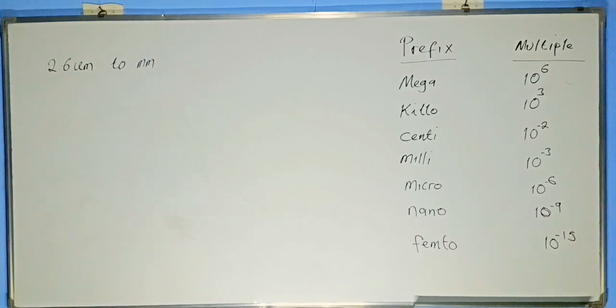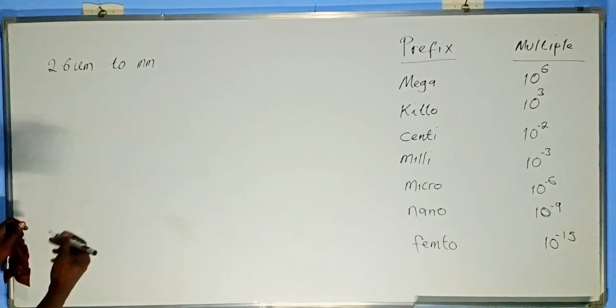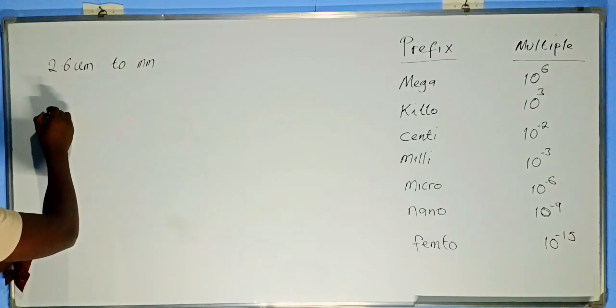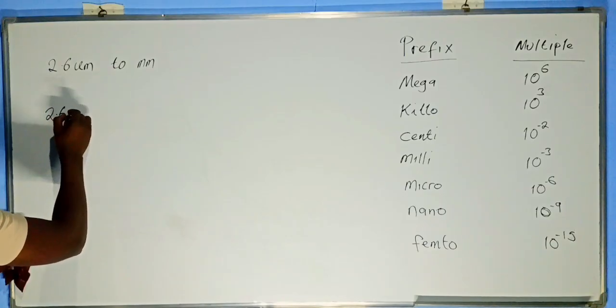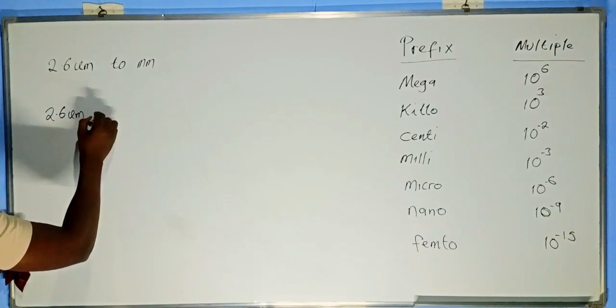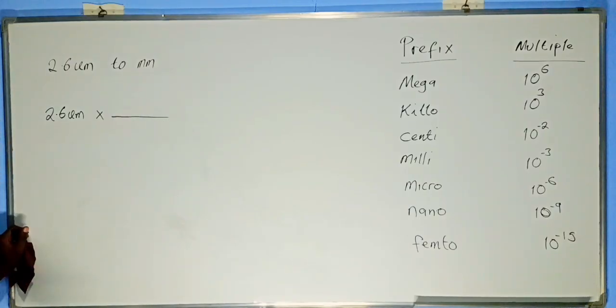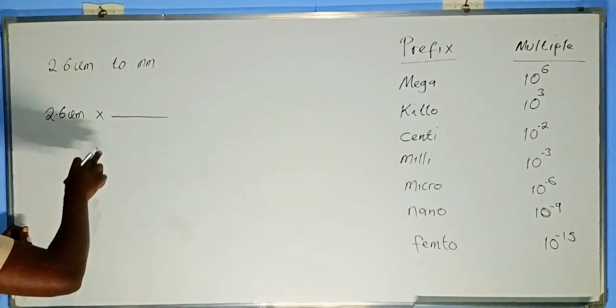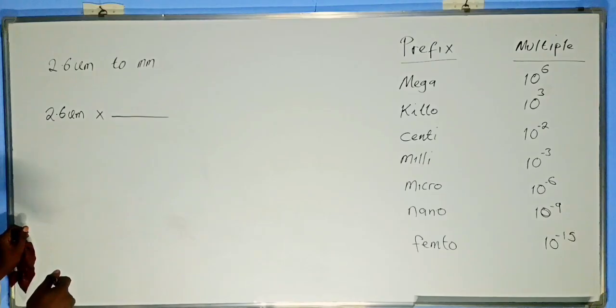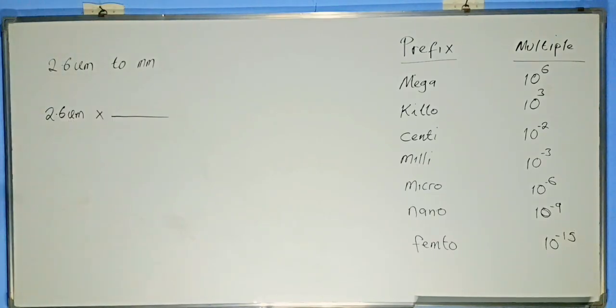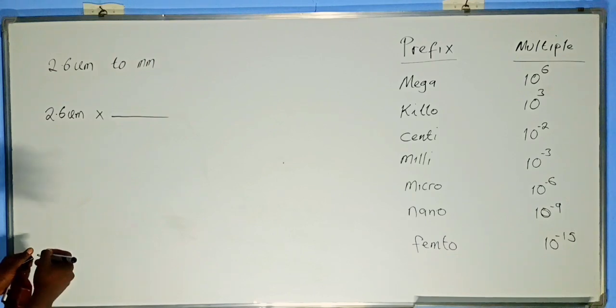Yes, we're converting 2.6 micrometers to millimeters. As usual, we need to start with what we are given. We have 2.6 micrometers, and we introduce our conversion there. In this conversion, we look at the units we have. We have millimeter and micrometer, and what we want to get rid of is micro. We want to remain with millimeter.